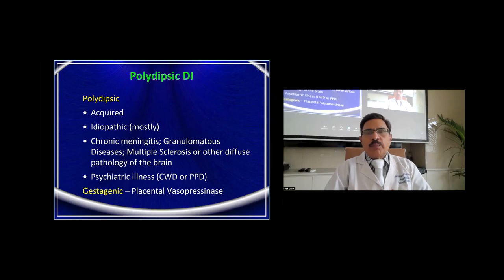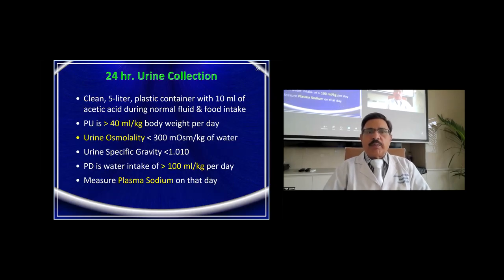So when we call polyuria, more than 40 ml per kilogram body weight urine per day is equal to polyuria. So a child of 10 kilograms, 400 ml is polyuria. In an adult of 50 kilos, around 3 liters is the polyuria.